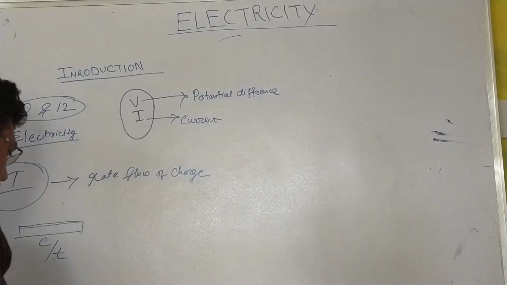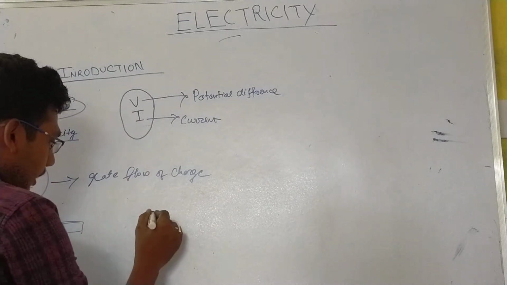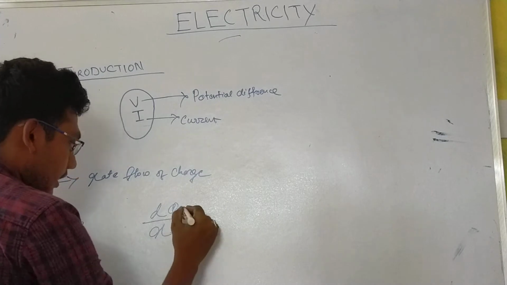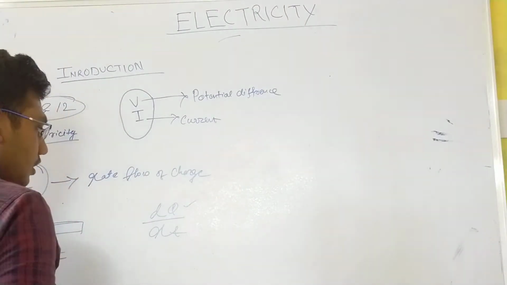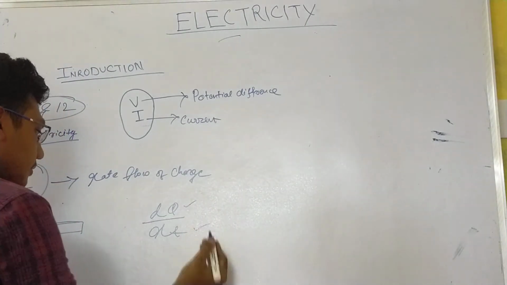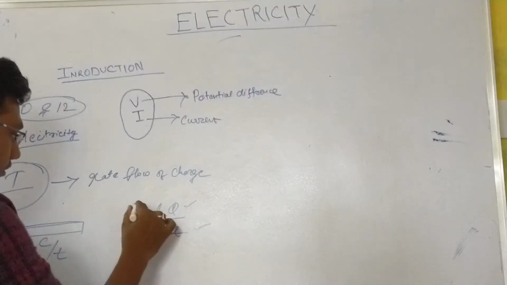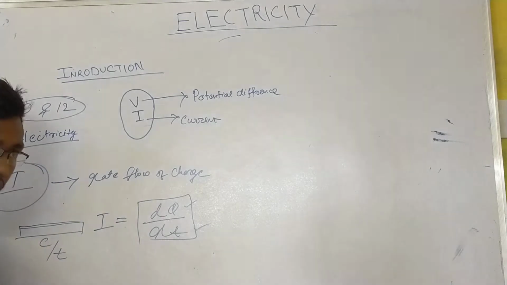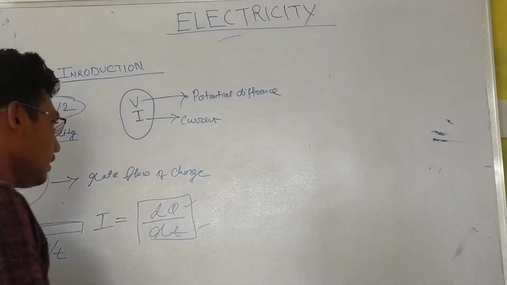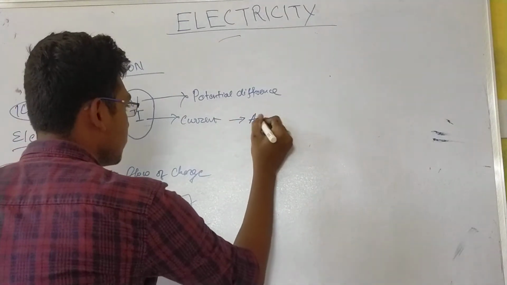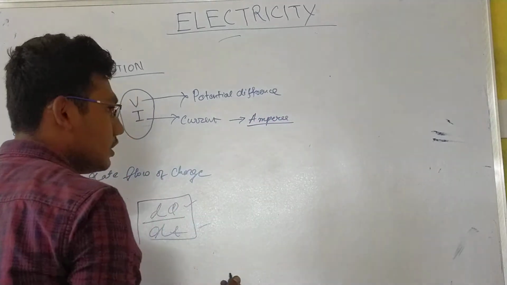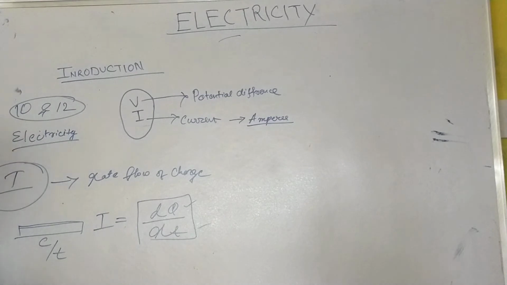If we go further, it would be dq by dt. Rate of flow, the total amount of charge flowing in a given time period t: I equal to dq by dt. So it is clear, the unit of current is amperes, named after the famous scientist Ampere.